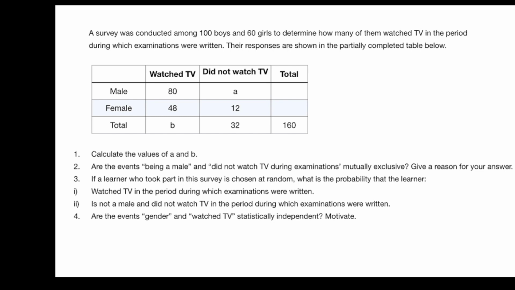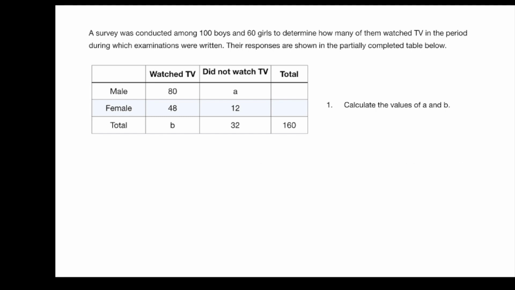Question 1 says we need to work out the values of A and B. Now we know already that there are 100 boys in the survey, which means we can put 100 in that cell there. And we are told there are 60 girls, so we know that this is 60.